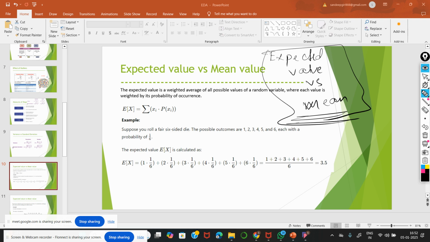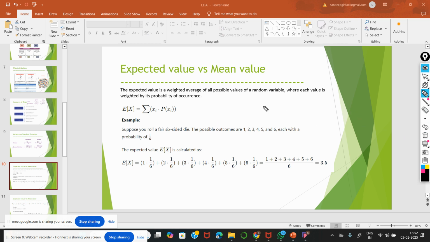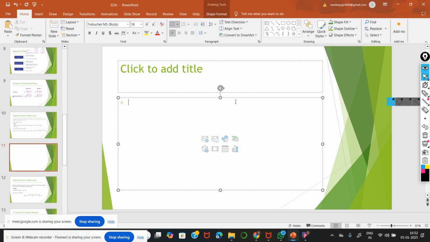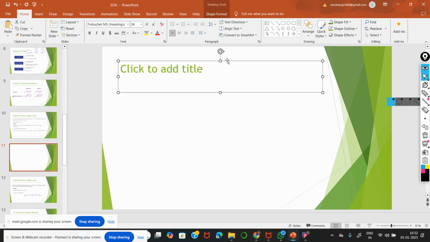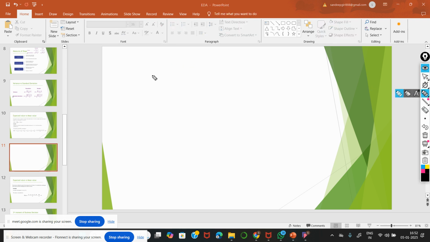You would have studied it in class 10th, 11th, 12th. Everyone has studied mean, but have you ever heard the term expected value before? Okay, fine. See, expected value is different from mean, guys. If someone is saying both are the same, it is not like that. In many places you will see expected value and mean are treated as the same, and people say yes, both are the same, but it is not like that.